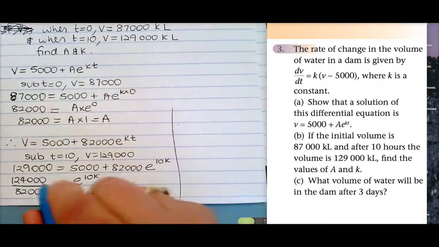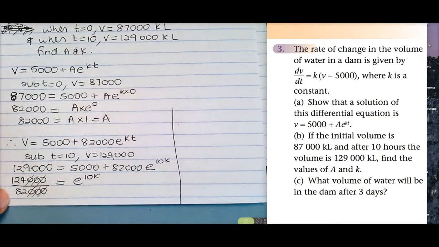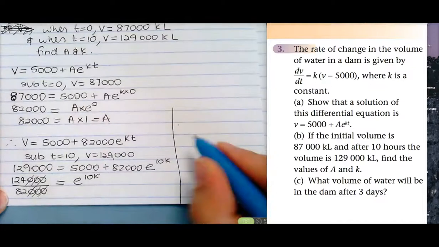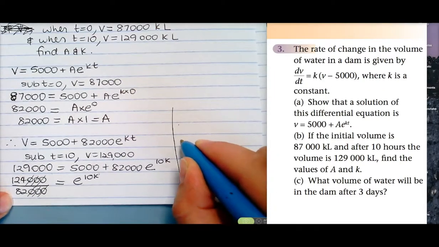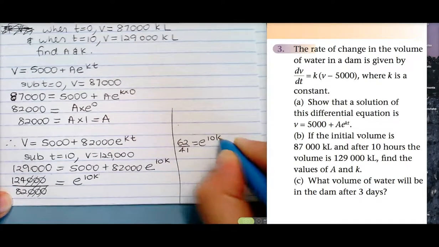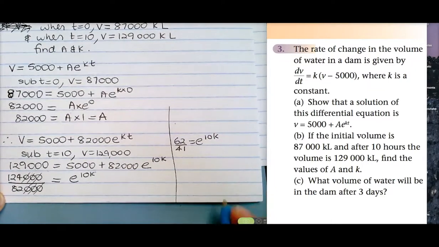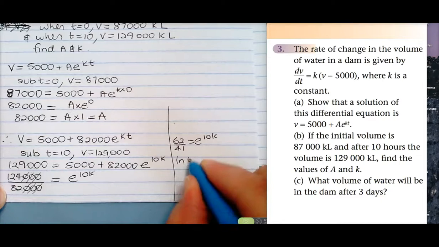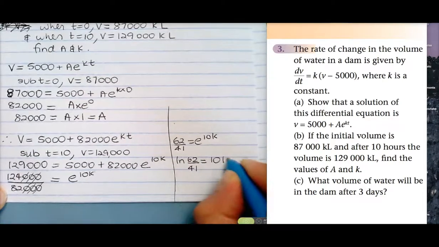Crossing off some zeros, what's 124 on 82? 62 on 41. How do you get rid of the e? Take ln of both sides: ln of 62 on 41 equals 10k.